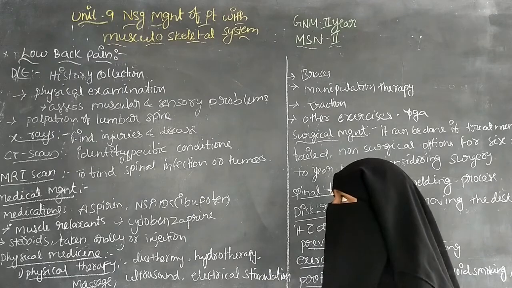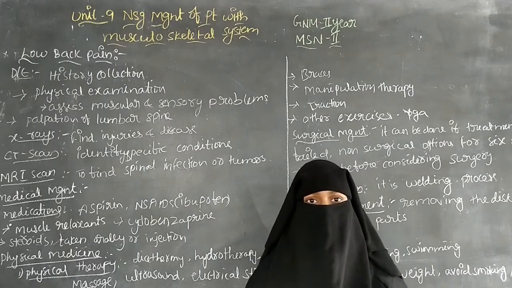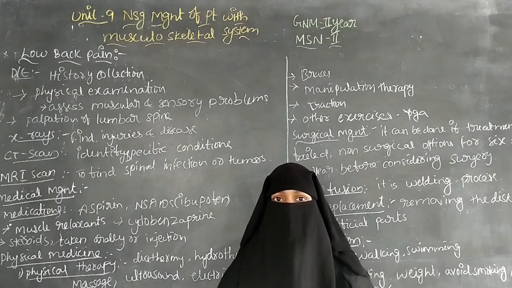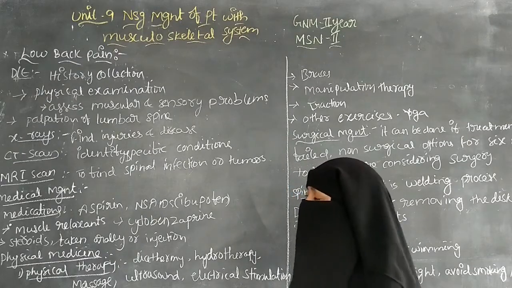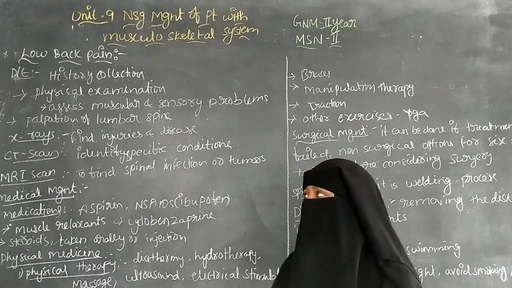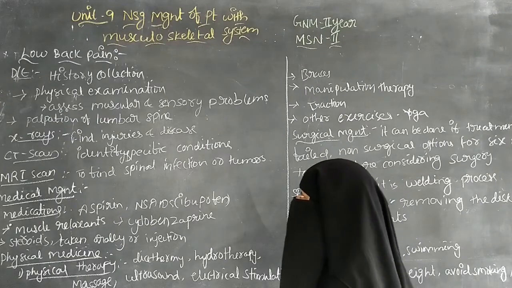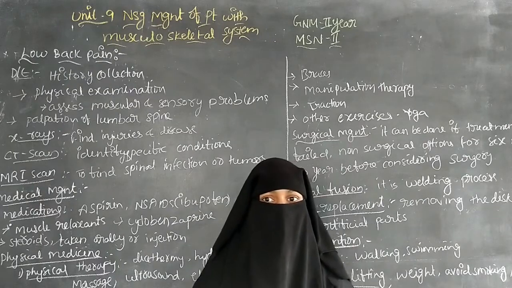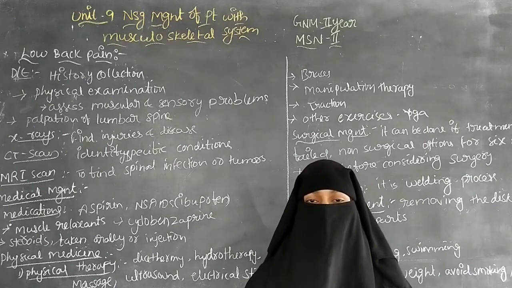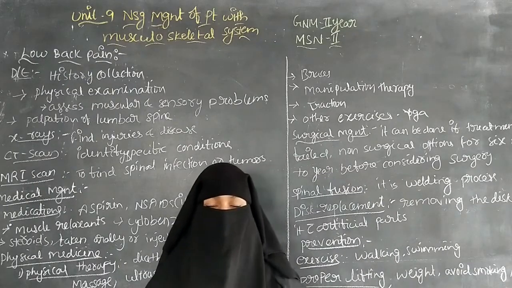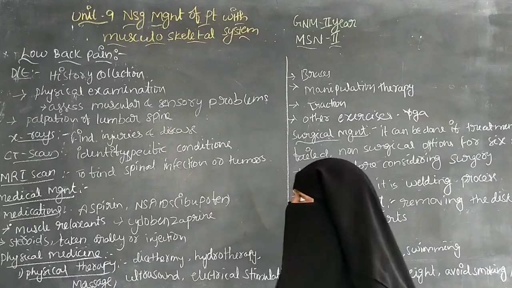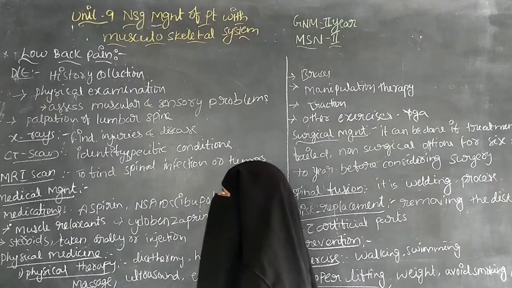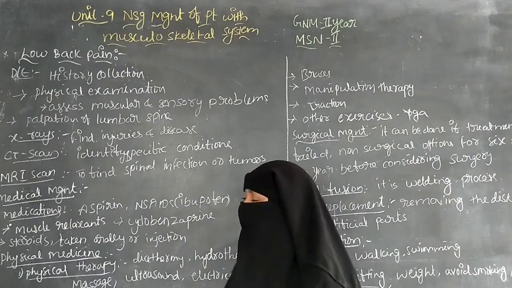Because of this, the nurse has to do the physical examination to assess whether the sensory and motor responses are present, and whether there are any muscular problems like muscle spasm.